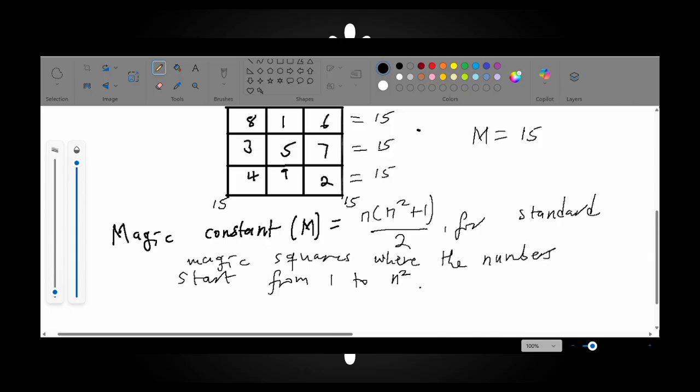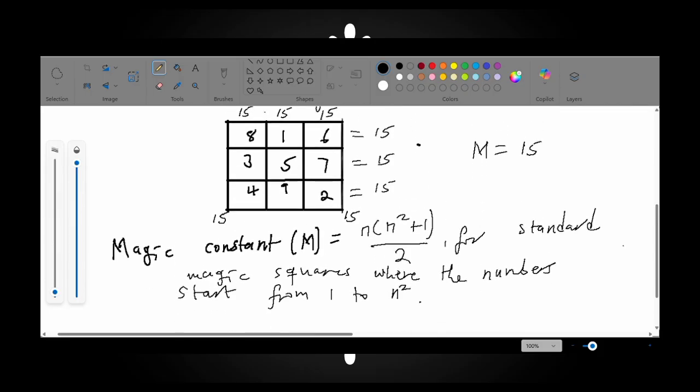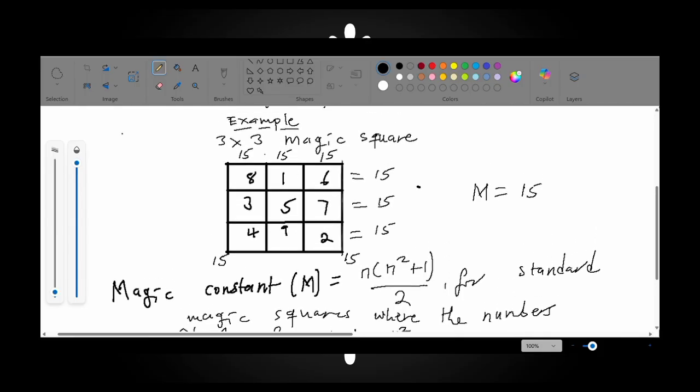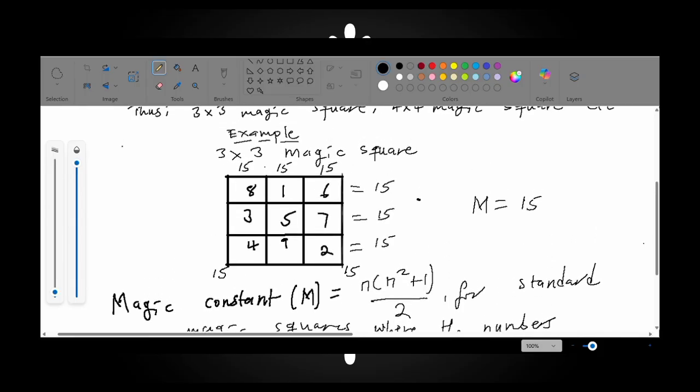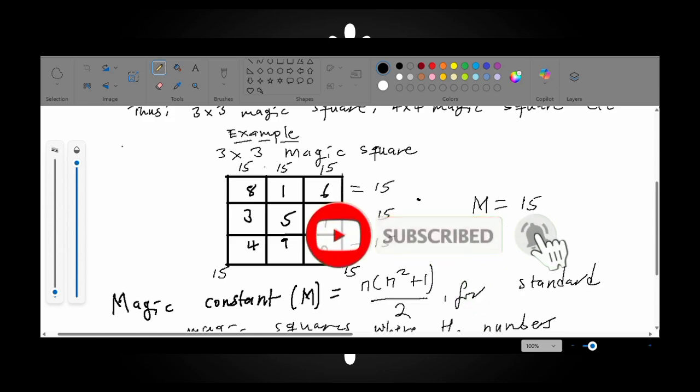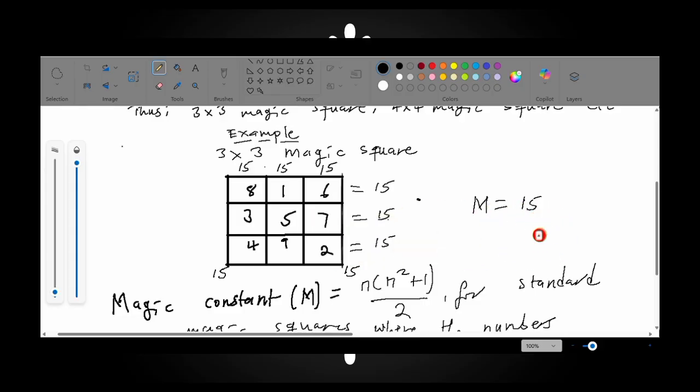If it is a standardized magic square, the numbers are going to be ranging from 1 to n squared, and you'll be asked to fill those numbers in the square array, such that the sum of the rows, the columns, and the diagonals are going to give you an identical value.